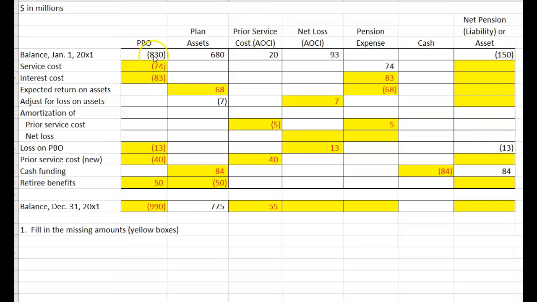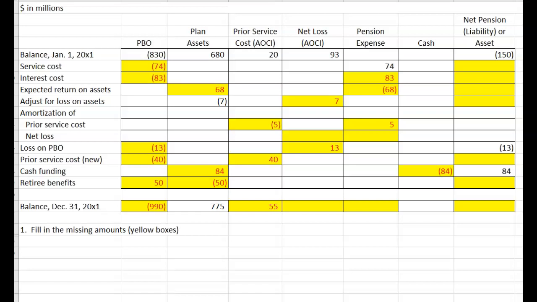The PBO was $830 million, the plan assets were $680 million. The PBO balance is larger, so the corridor is defined as 10% of $830 million in this example, or $83 million. That's the corridor.